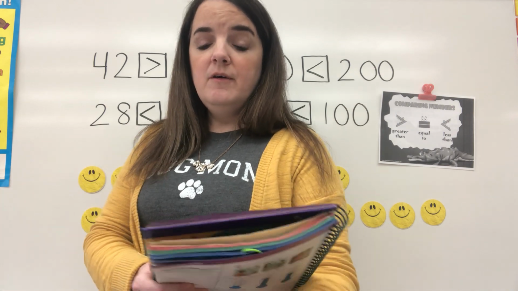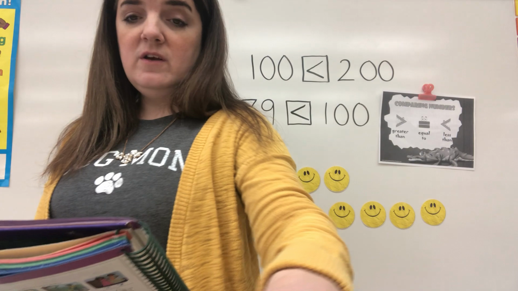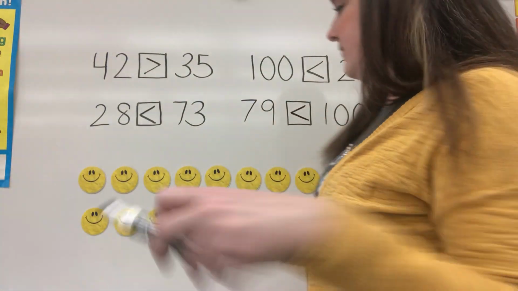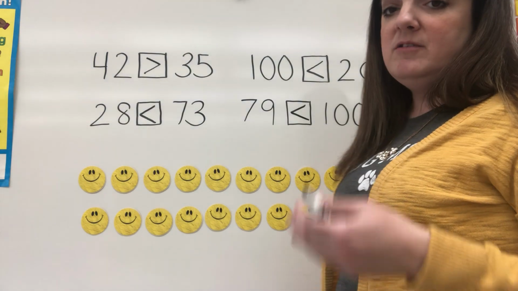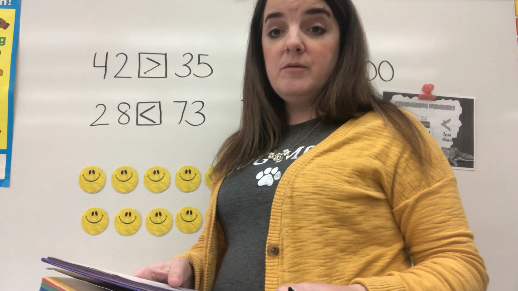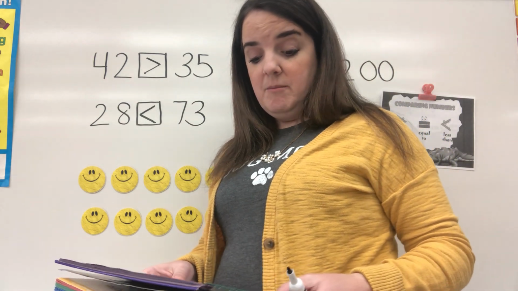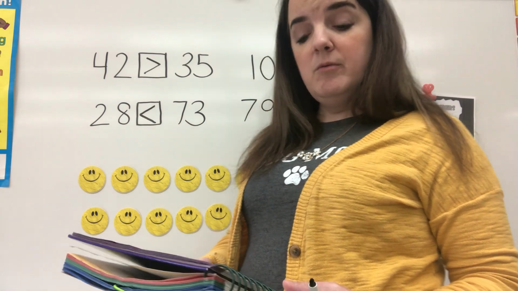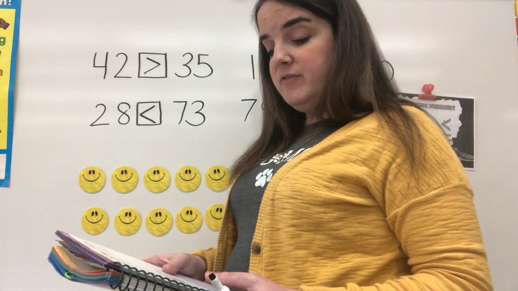Okay? Now, let's look at section 3. On the board, I have some smiley faces here to help us with section 3. You'll notice the top row has pictures of kites, and the bottom row has pictures of flowers. So look at the row with the pictures of the kites.